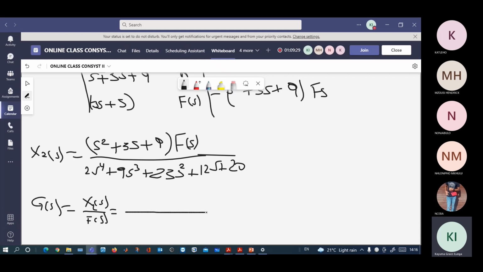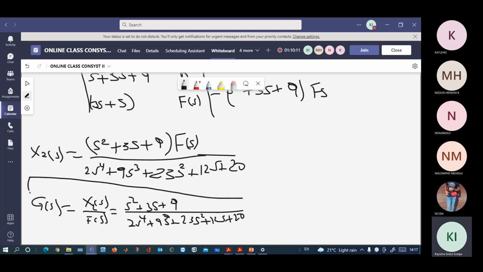It's going to be s squared plus 3s plus 9 over 2s^4 plus 9s^3 plus 23s^2 plus 12s plus 20. Okay, so this is the transfer function.